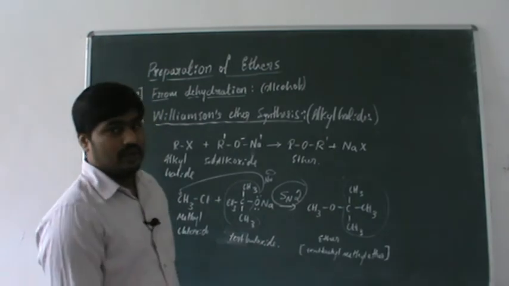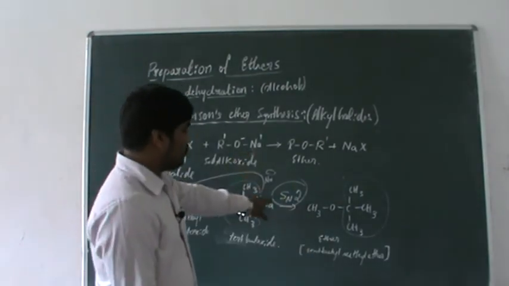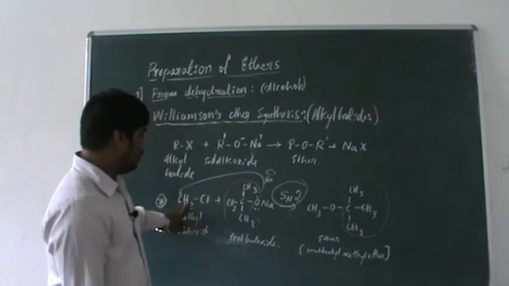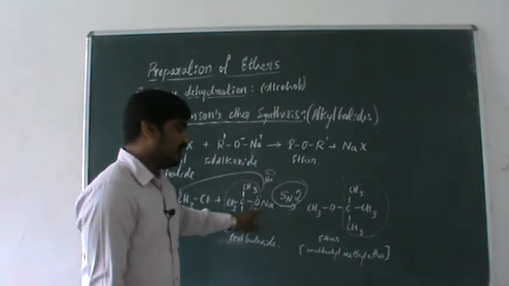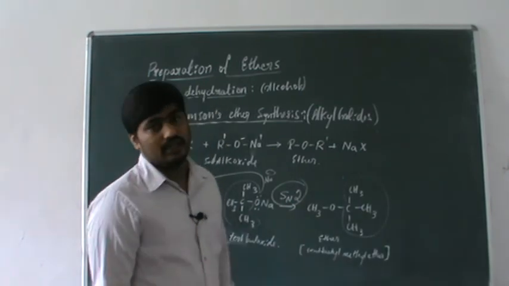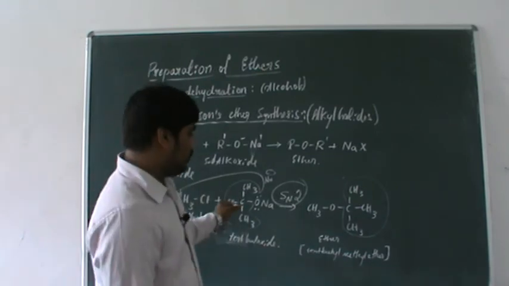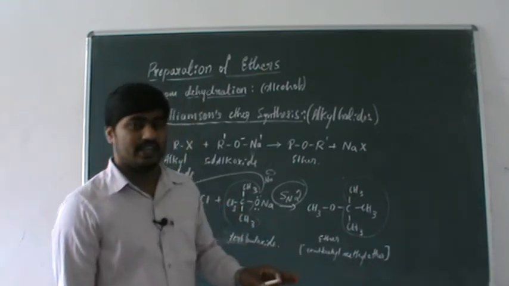SN2 mechanism. What type of mechanism is observed under Williamson ether synthesis? This is SN2. Why? Because it is primary, and nucleophiles attack the primary alkyl halide and produce an ether. Again, it involves only one step of reaction.